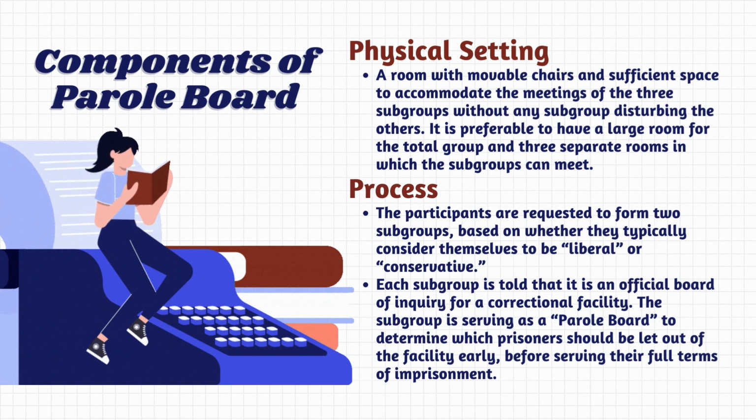For the process, the participants are requested to form 2 subgroups, based on whether they typically consider themselves to be liberal or conservative. Each subgroup is told that it is an official board of inquiry for a correctional facility. The subgroup is serving as a parole board to determine which prisoners should be let out of the facility early, before serving their full terms of imprisonment.